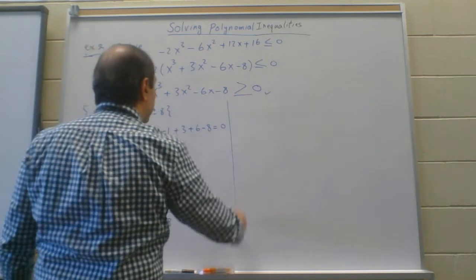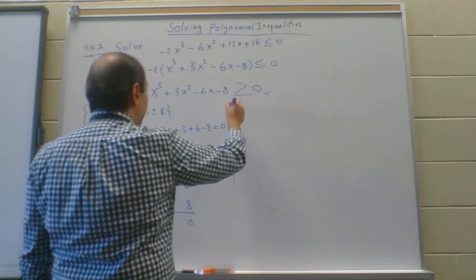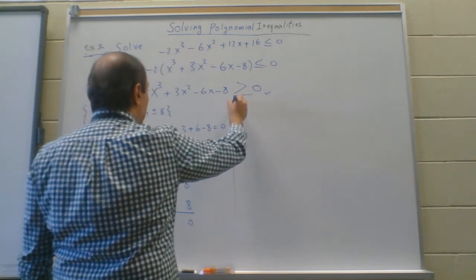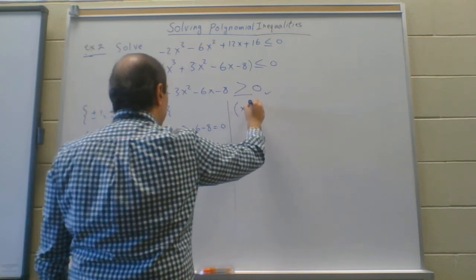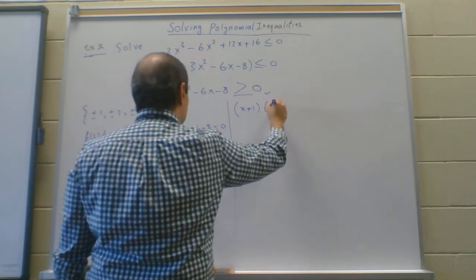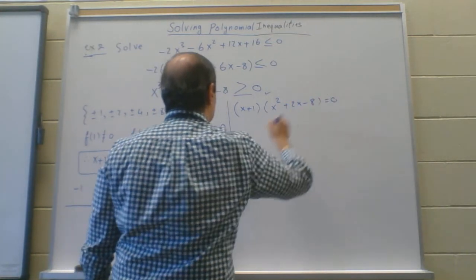Now we can write this in factored form, in divisor and quotient form. So that will be x plus 1 times x squared plus 2x minus 8, and that's equal to 0.